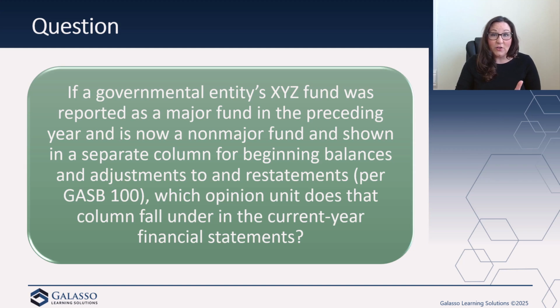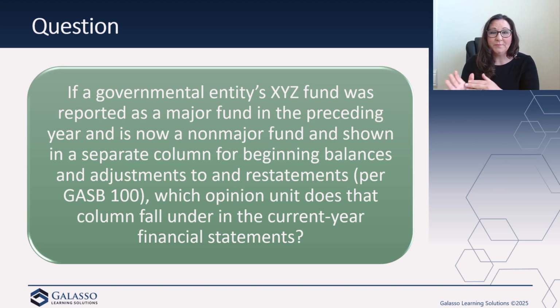Now that includes the beginning balance as previously reported, and then the aggregate amount of adjustments to or restatements to that beginning fund balance. What opinion unit would the additional column for this XYZ fund be part of in this current year statement of revenue, expenditures, and changes in fund balance? So that's the question. What opinion unit are we going to have this information in that we went from major to non-major?